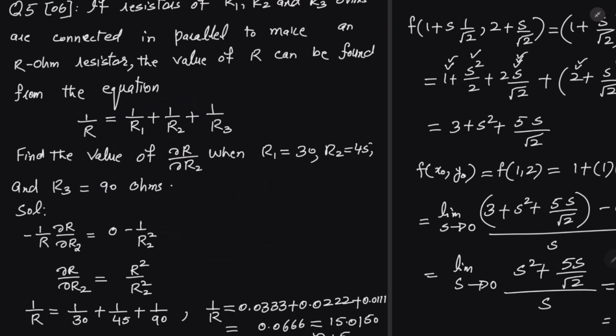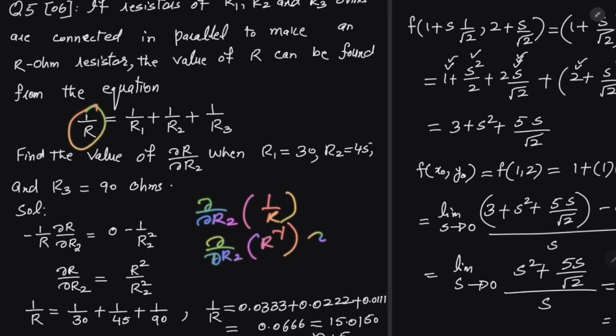On the left hand side, this is tricky. When you differentiate 1 over R with respect to R2, it becomes partial R2 of R to the minus 1. You need to apply the chain rule, minus 1, R to the minus 2, partial R by partial R2.